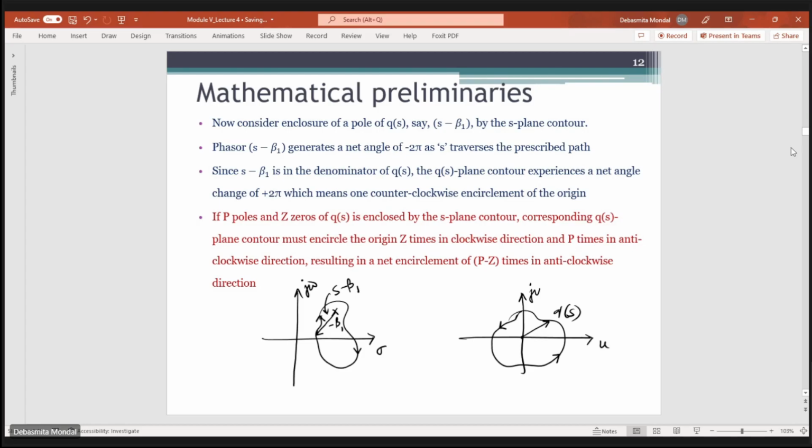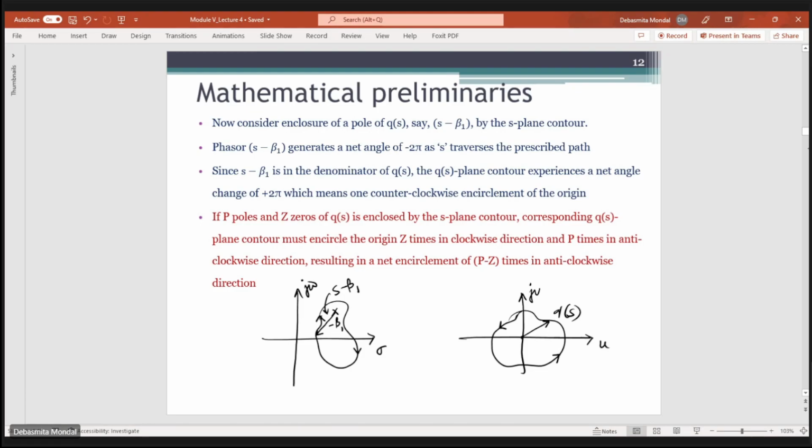In general, you can say that if p number of poles and z number of zeros of this function QS are enclosed by the S-plane contour, then the corresponding QS plane contour will also encircle the origin z times in the clockwise direction and p times in the anti-clockwise direction.